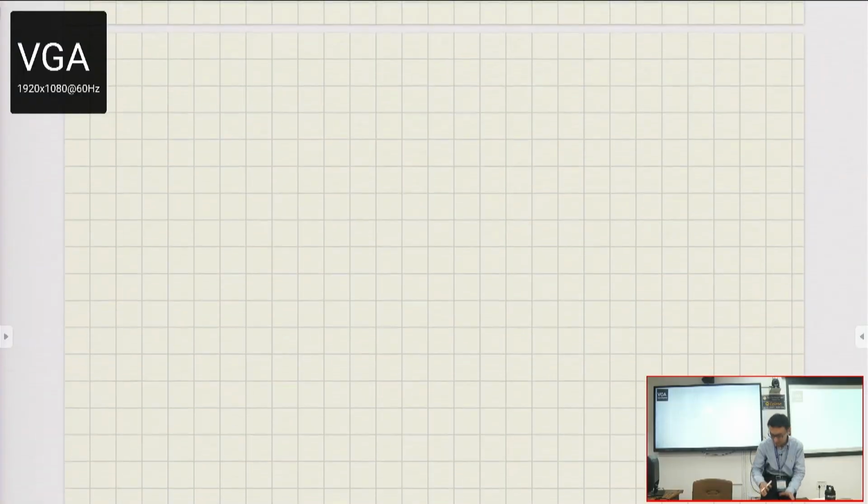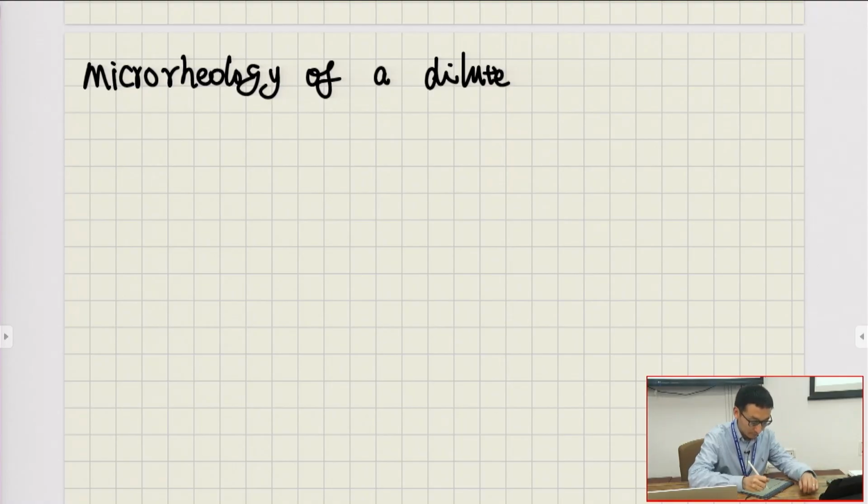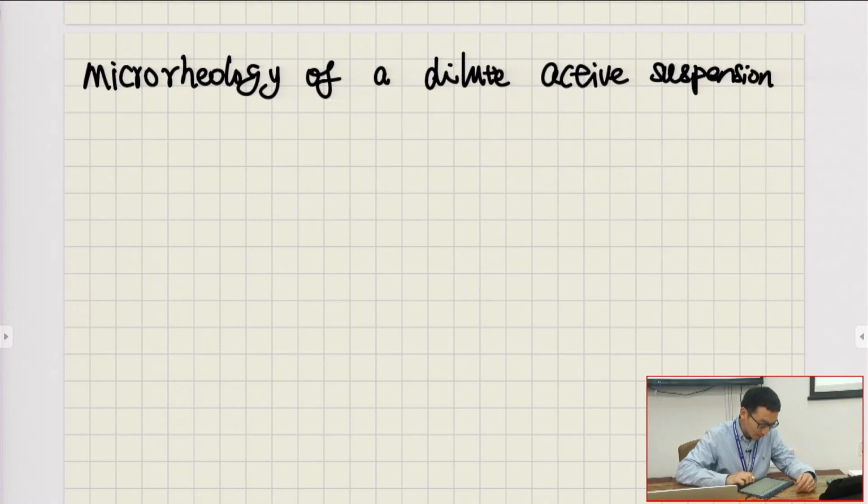Okay, so let's consider the dilute problem. In the dilute limit, again, we have a probe particle, okay?